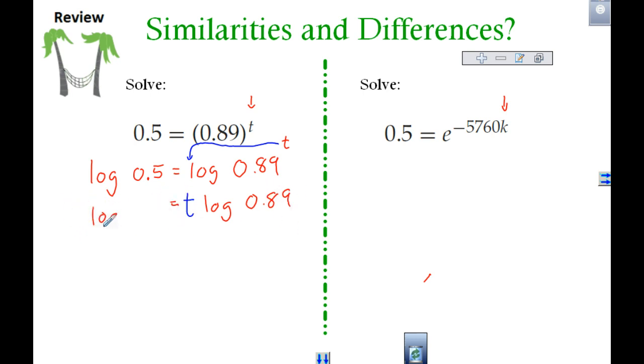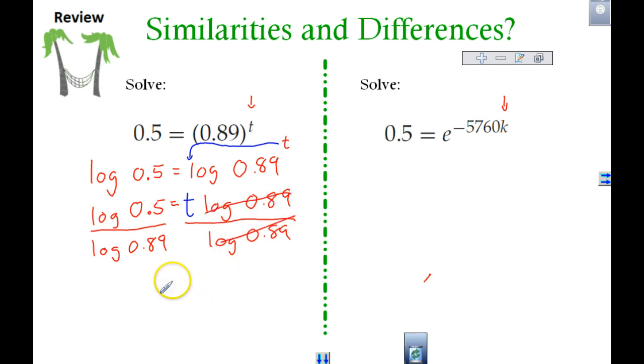And then we went over the reasons for this back in the last lessons. And we can just treat this log just like a number. It's just an irrational decimal. So I can divide by it like any other number, and this will cancel out just like any old number.